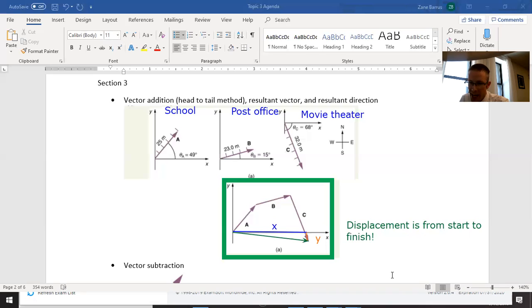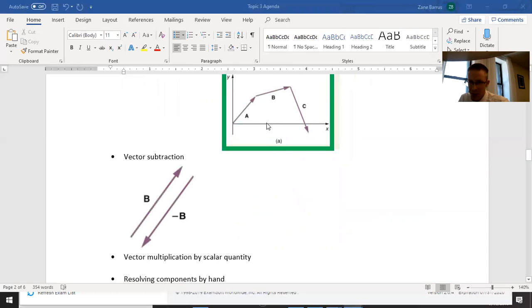Okay, now just like we can add vectors, we can also subtract vectors. Okay, so if you wanted to subtract vectors from each other, it's kind of hard to envision taking these arrows and subtracting them when you're adding them, you're just putting them head to tail. I mean, how do you do that when you're subtracting them? Okay, well, the answer to that is if you ever want to subtract vectors, all you got to do is just take whatever vector you want to subtract and make it going the opposite way.